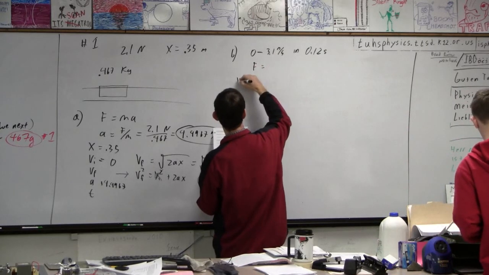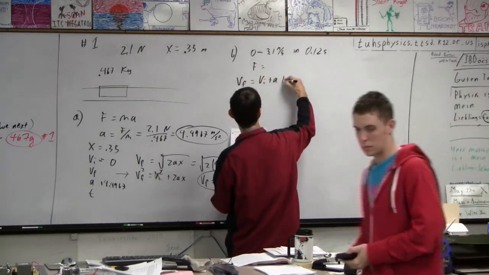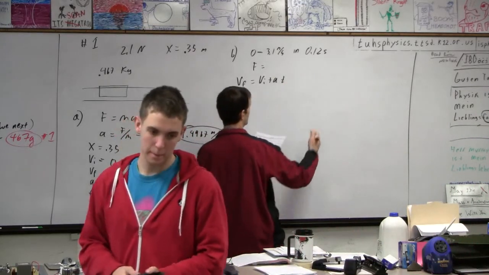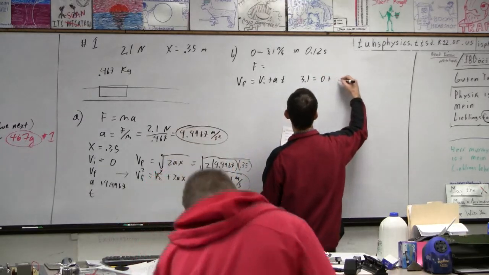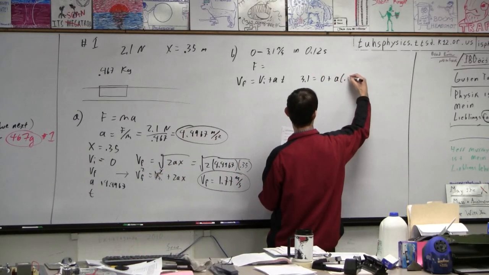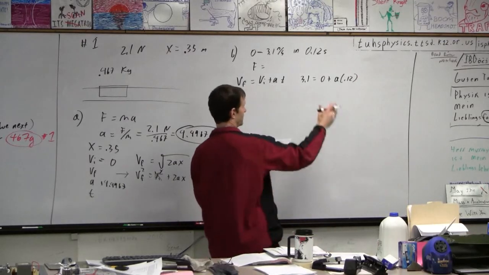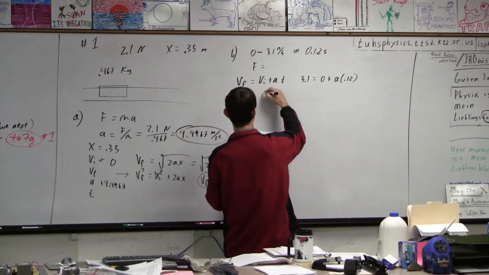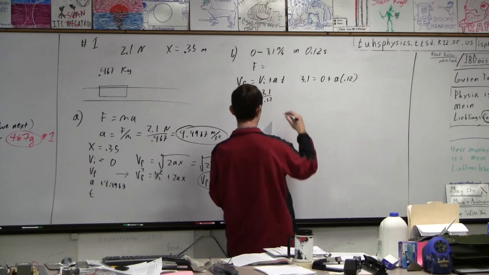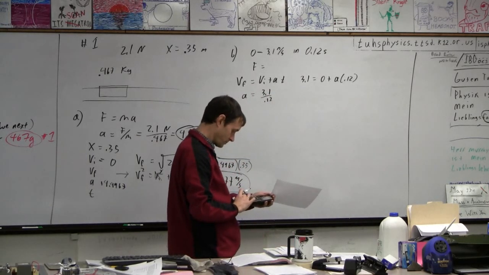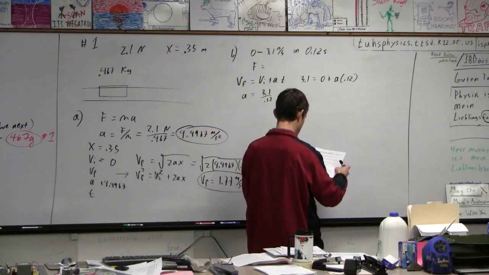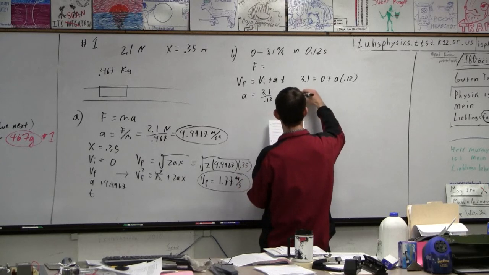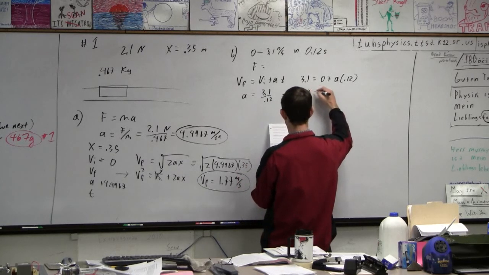I'm going to use vf equals vi plus at, because I happen to know that's the one I want. So 3.1 equals 0 plus acceleration times 0.12. Then I just divide: the acceleration is 3.1 divided by 0.12, which is 25.8333 meters per second squared.